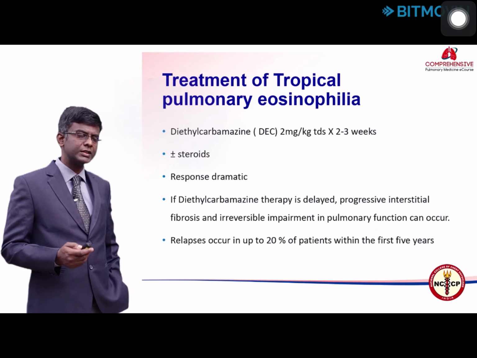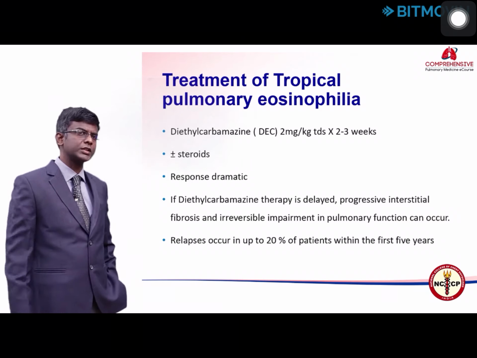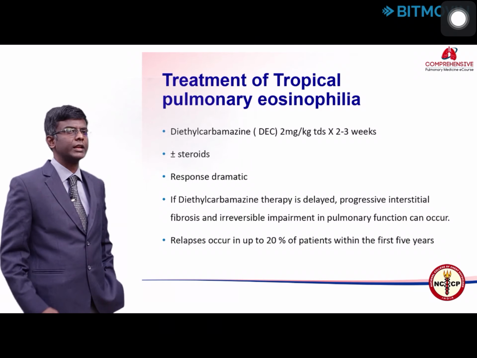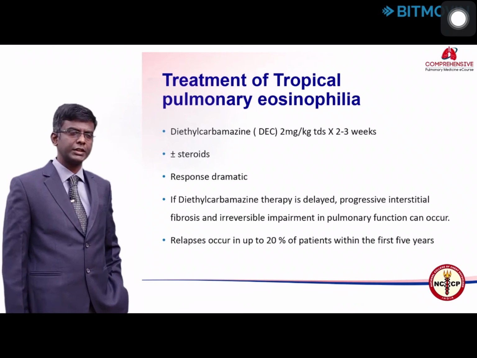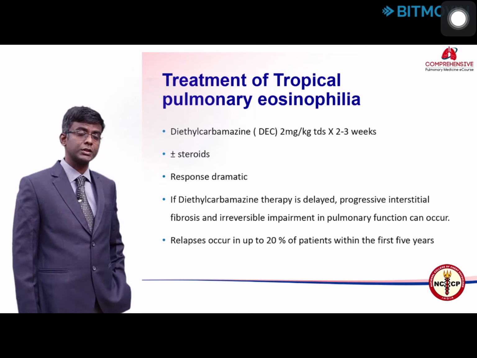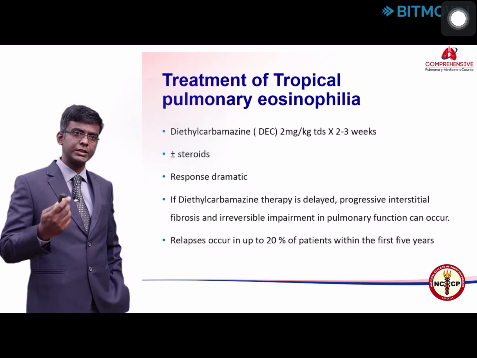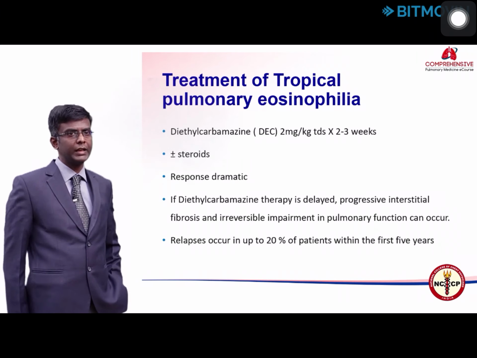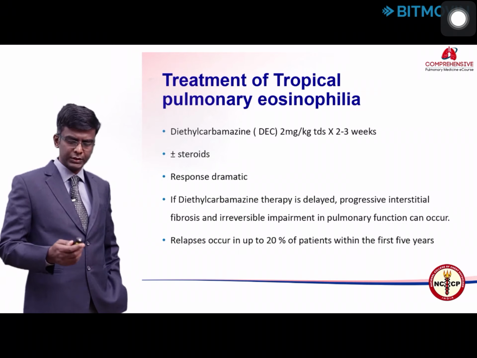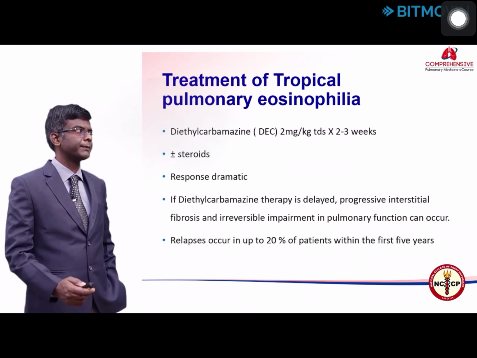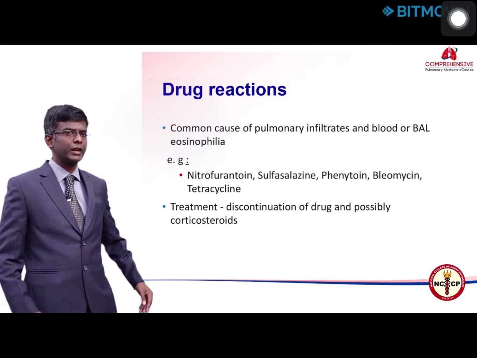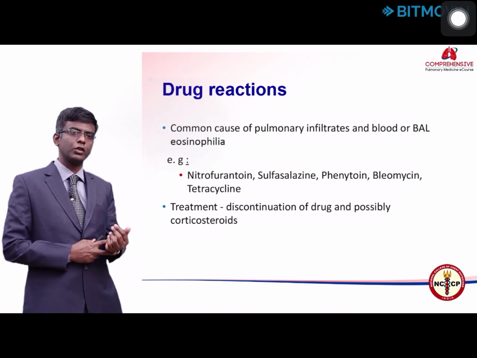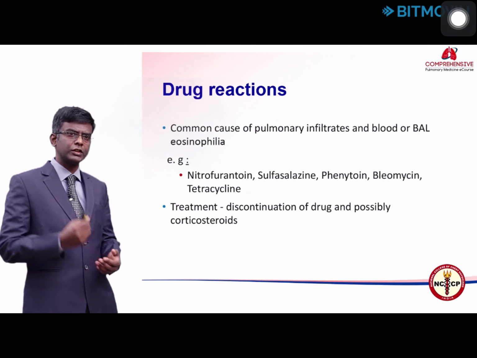If the treatment is delayed, progressive interstitial fibrosis and irreversible reduction in lung function can occur. Relapses are common. Up to 20% of the patients relapse in the first 5 years, and on retreatment with diethylcarbamazine, these patients respond very well.